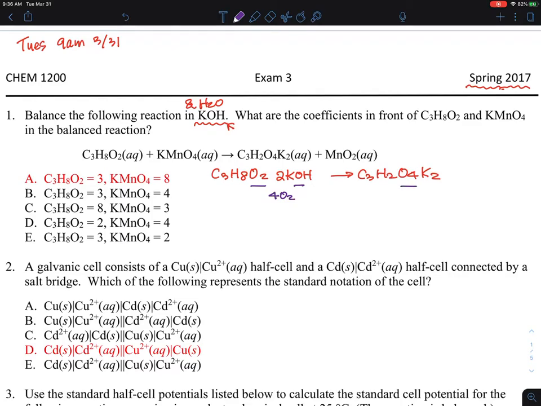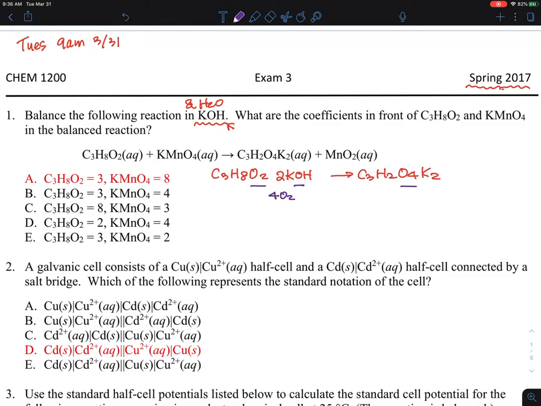You have 4 oxygens, and then this one has 4 oxygens. So the oxygen is okay.